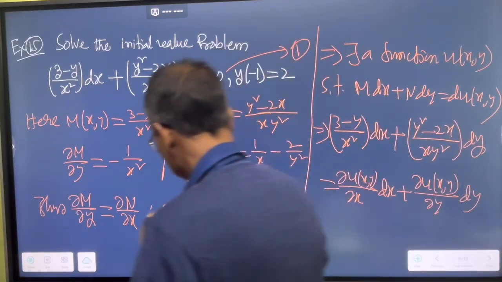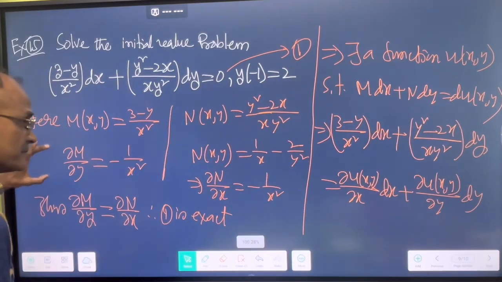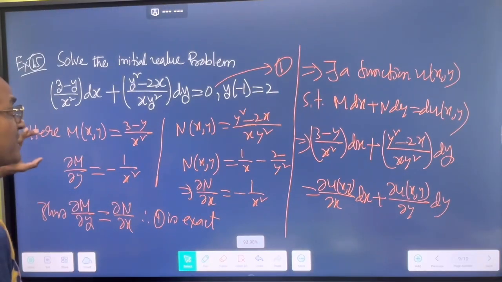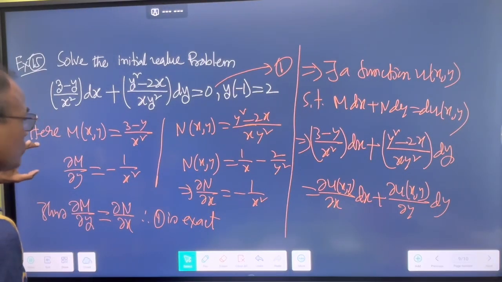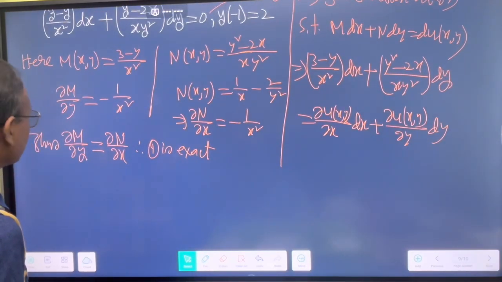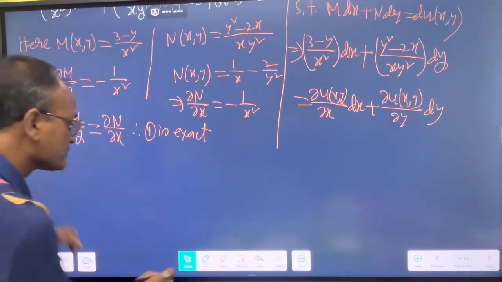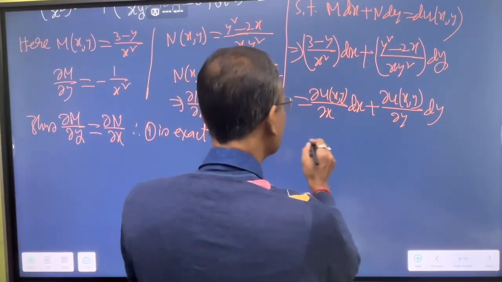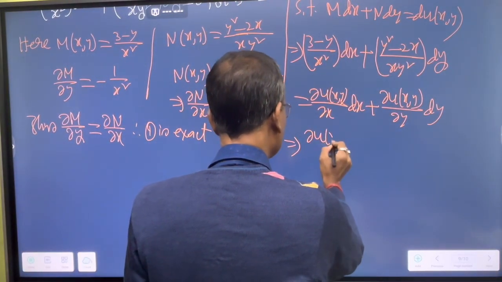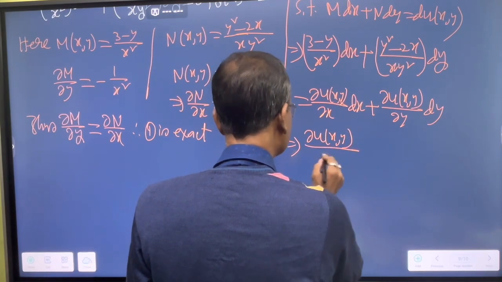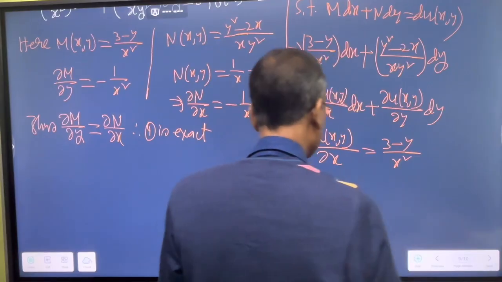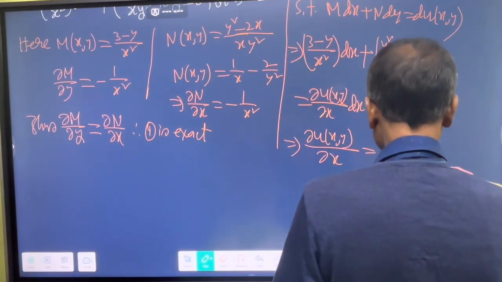This means, the given condition is this. ∂u/∂x = 3 - y/x².